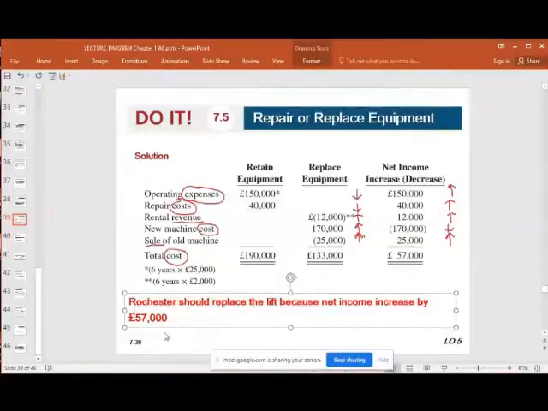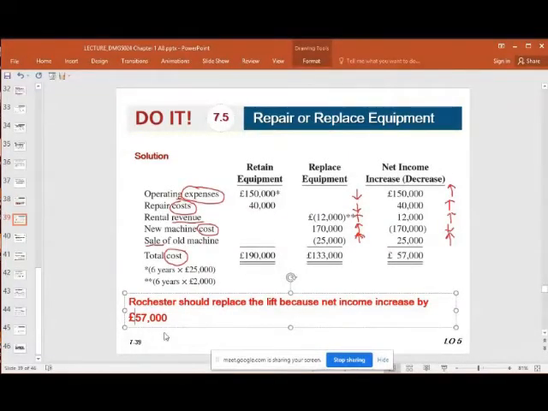So class, when you're doing replace or repair, you need to be very careful because income and cost are all lumped together. For this exercise, income and cost are all mixed up together inside one calculation.